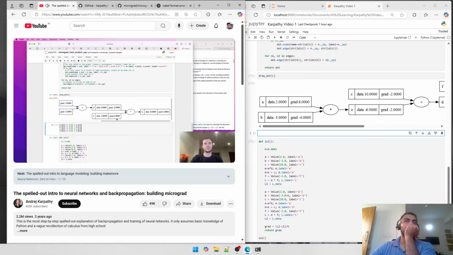And if we nudge in the direction of the gradient, we expect a positive influence on L. So we expect L to go up positively. So it should become less negative. It should go up.